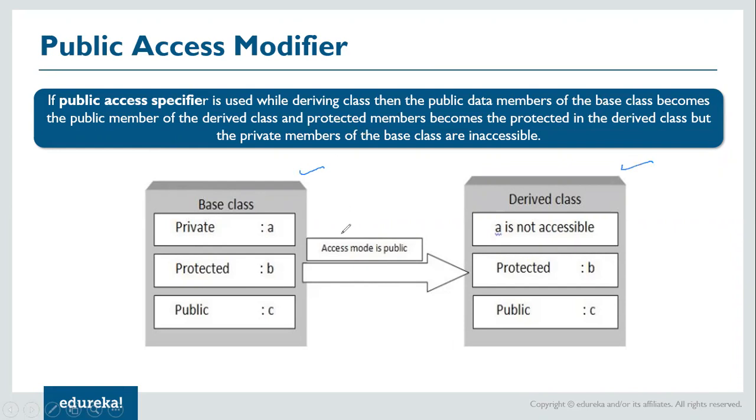While using inheritance, if we use the public access modifier, public will become public, protected will become protected, but the private members are not accessible. A private member inside the base class is not accessible in the derived class. By principle, a private member should not be accessible even in the subclass or derived class. So let us try this with an example.